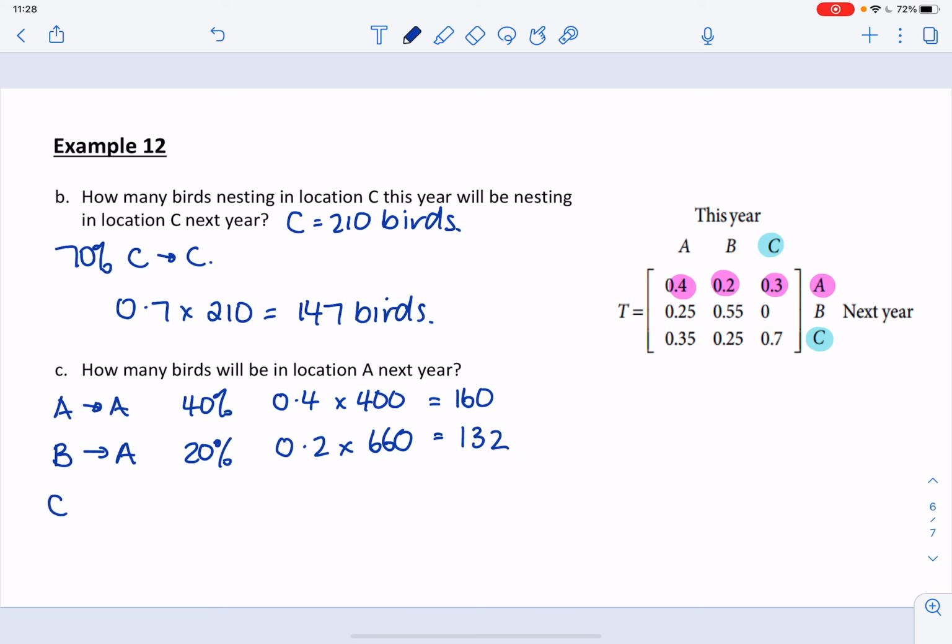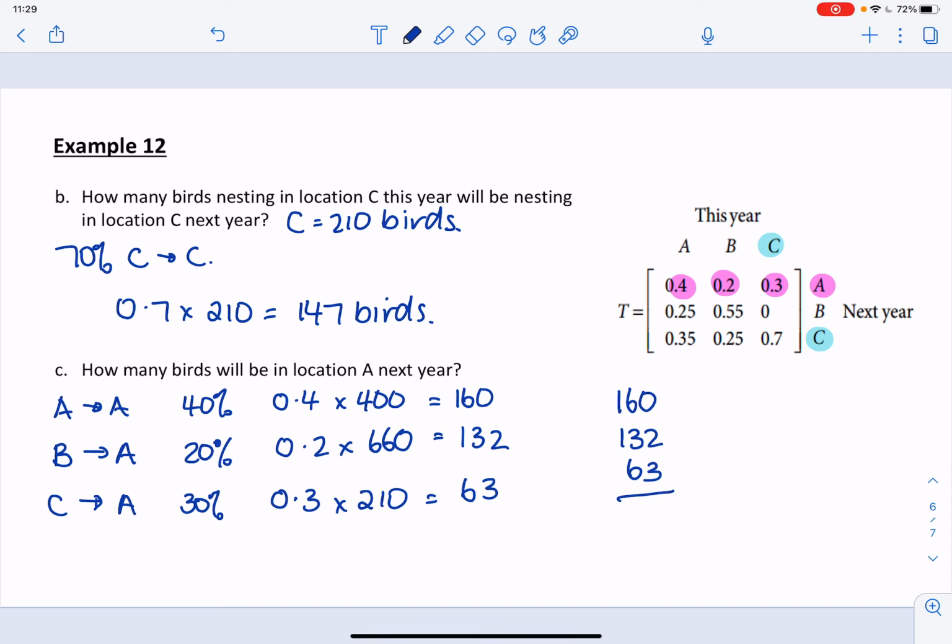And then birds that start at location C and travel through to location A, we've got 30% or 0.3. So 0.3 times 210 gives me 63 birds. Now if I add all that together, 160, 132 and 63, I would end up with 355 birds in location A next year.